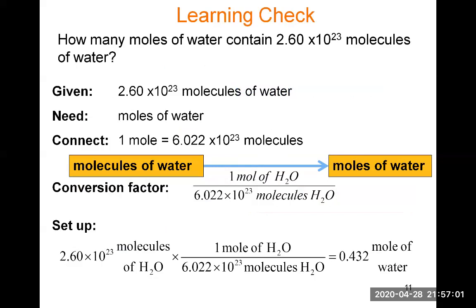So here you do 2.60 times 10 to the 23rd divided by 6.022 times 10 to the 23rd. And your calculator answer is 0.43175, etc. So here, again, the 1 mole is an exact number. The Avogadro number has 4 sig figs, and the given amount has 3 sig figs, right?